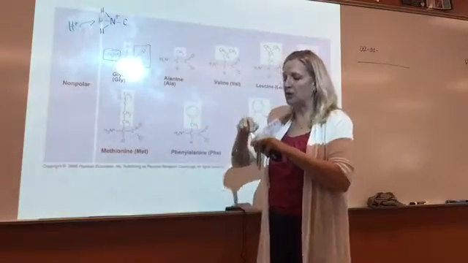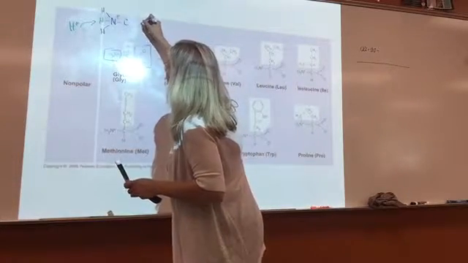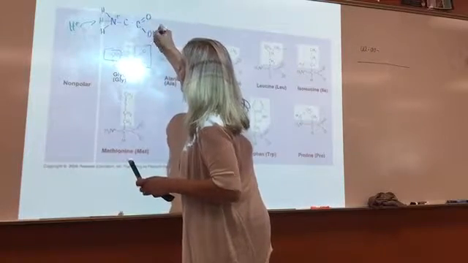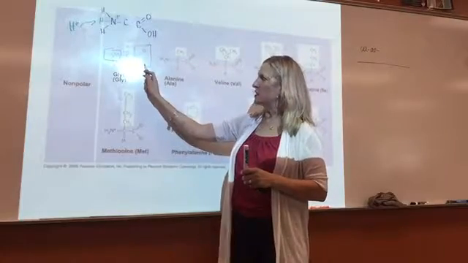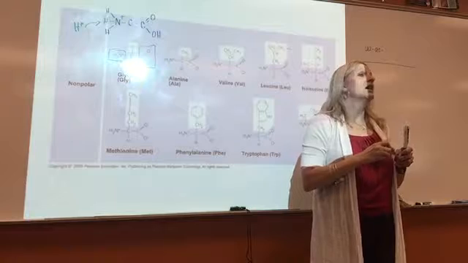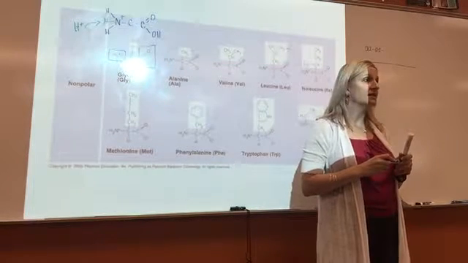And then the carboxyl group on the flip side here. The carboxyl group, we've learned, is C with a double bond to an O and an OH off of that same carbon. And so this is O negative. What does the carboxyl group do? It acts as an acid, and acids do what?